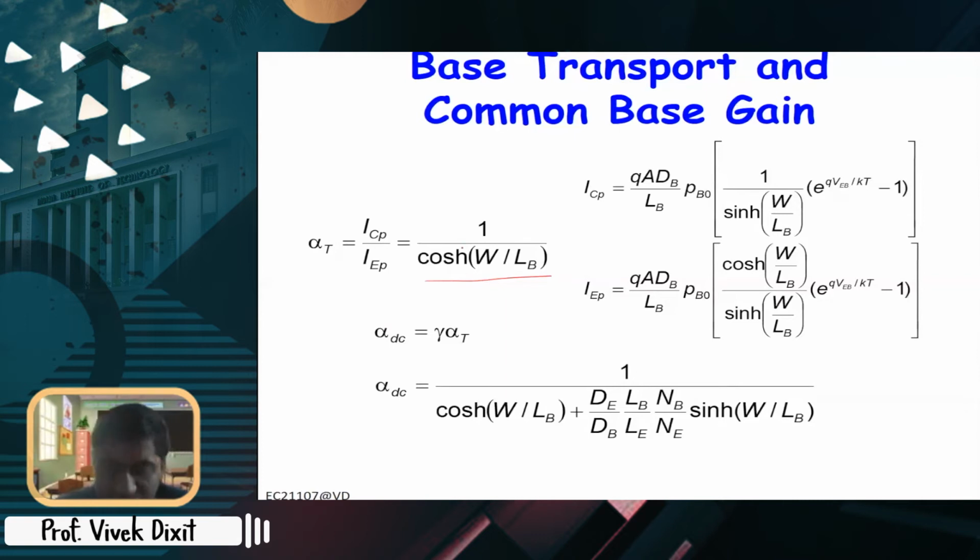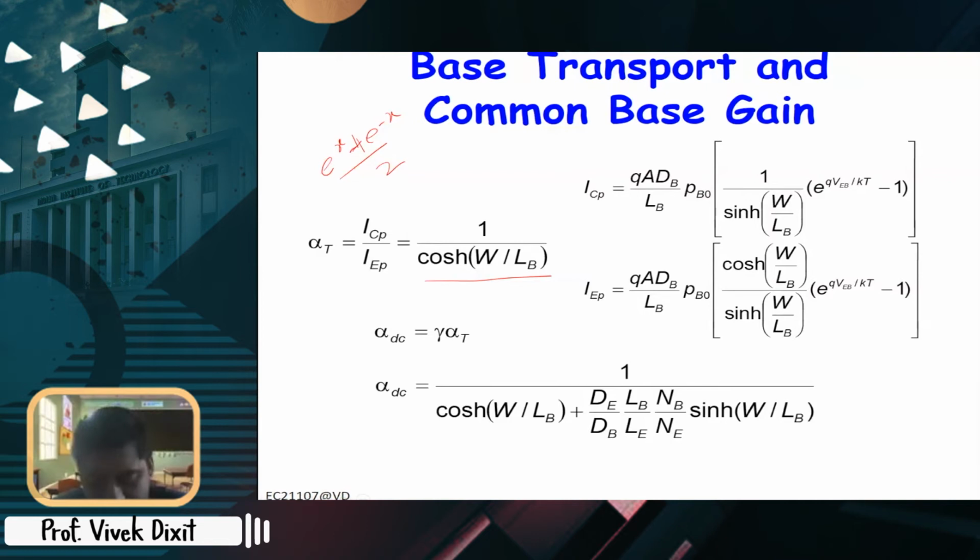So cosine hyperbolic. How does the cosine hyperbolic function vary? Cosine hyperbolic is e to the power x plus e to the power minus x by 2, right? So if we increase the x, this cosine hyperbolic will increase. So basically both sides actually increase.